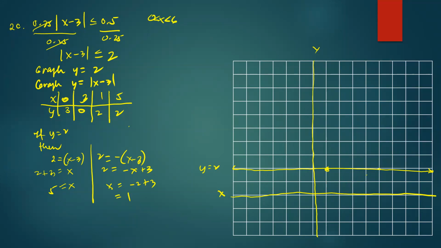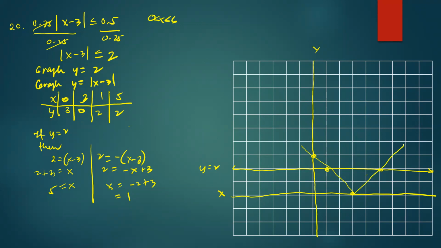Right. Okay, then we have 3, 0. 1, 2, 3, 0. Then we have 0, 3. 1, 2, 3. Okay.